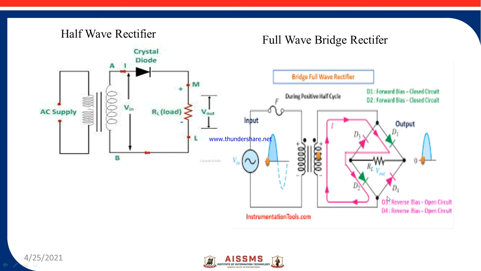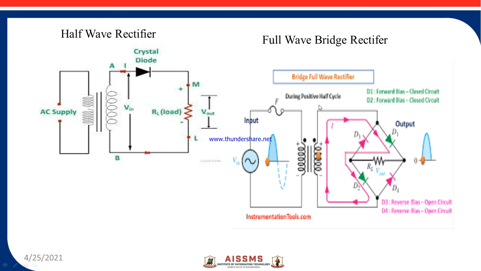Now the full wave bridge rectifier is as shown in the circuit. This is the secondary winding, as we can all see. Consider the upper point to be positive and the lower to be negative.